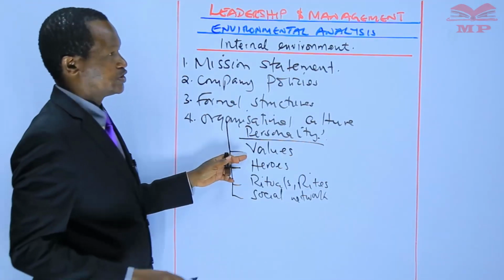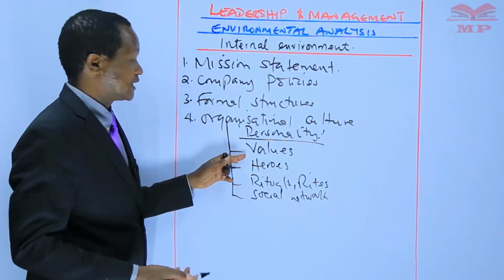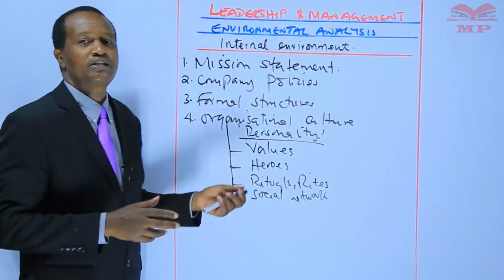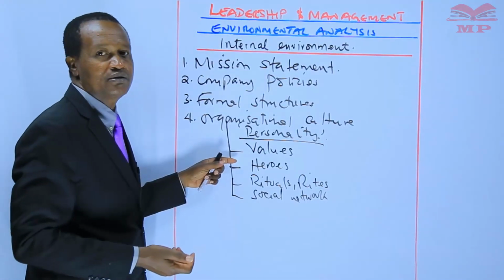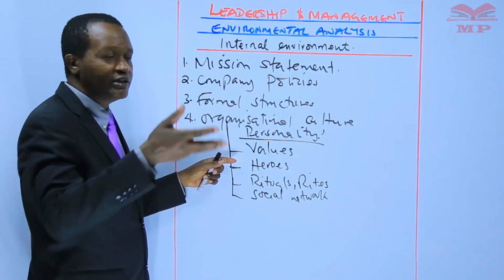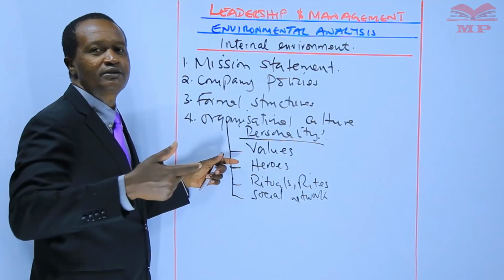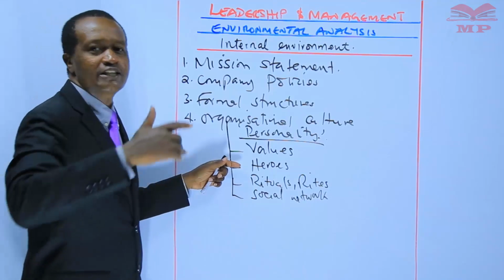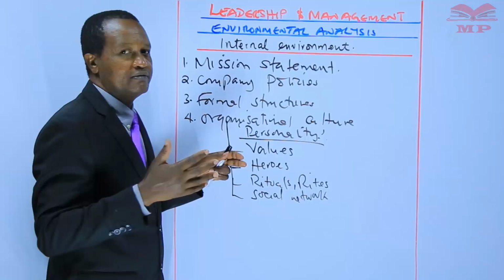And candidates, we know values are just the basic beliefs that define employees' success in an organization. For example, many universities place high values on professors who publish. Then we've seen in institutions of learning, if a faculty member is published in a professional journal, for example, his or her chances of receiving tenure may be enhanced.